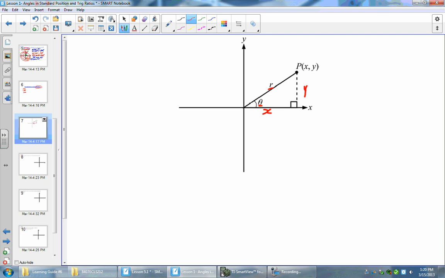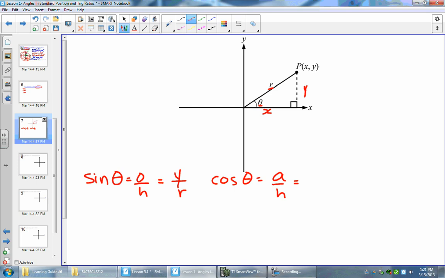Okay, so remember, my sine ratio, so sine of theta is equal to your opposite over hypotenuse. Now that is grade 10. In 20-1, you learned it as y over r. Okay, let's take a look at the next ratio, cos of theta. Now in 10C, you learned it as adjacent over hypotenuse. But it's not called that anymore.